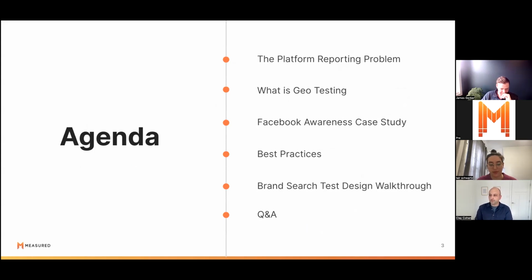We're going to walk through a Facebook awareness case study example from one of our brands about how they use geo testing to uncover insights about their Facebook media. We're going to talk about some best practices around geo testing that you can take with you. And then Ty is going to walk us through a geo brand search test design example in our platform. Following that, we will have some Q&A.